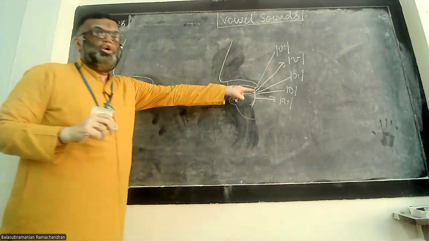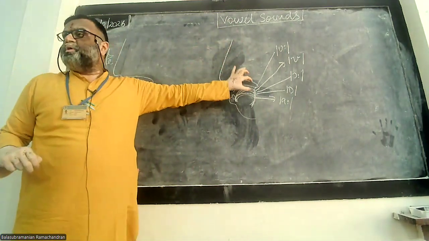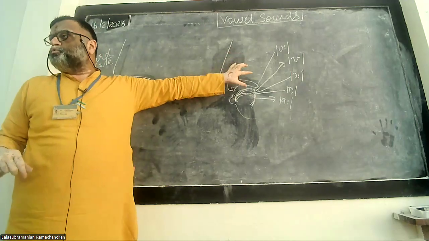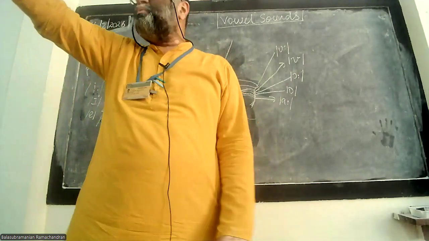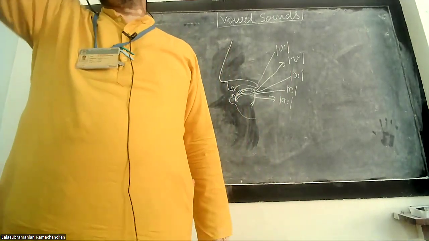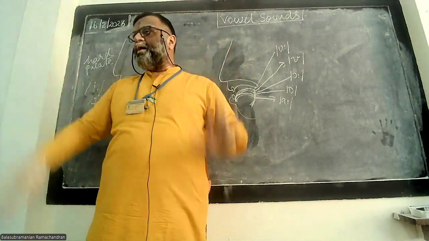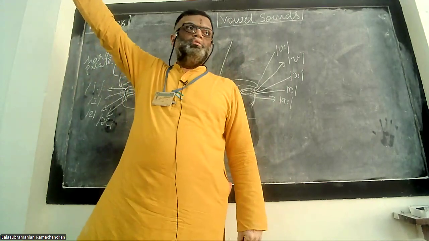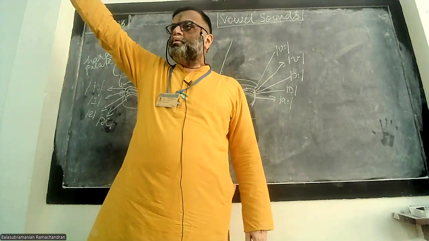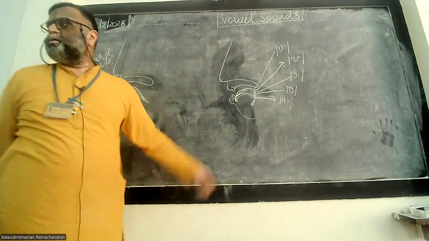There should be an appreciable distance between the tongue and the roof of the mouth. There should be a gap between the back part of the tongue and the soft palate, or velum.